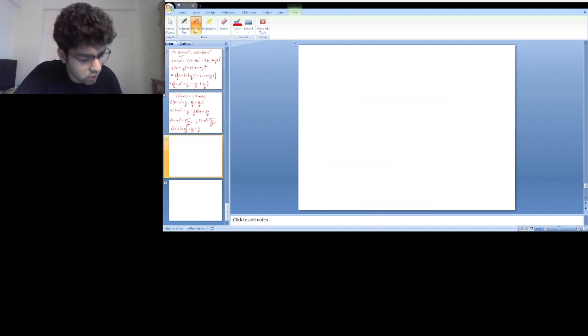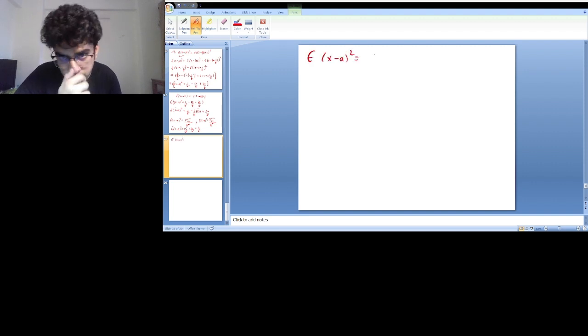Therefore, the value of E[(X minus a) whole squared] is 2 upon b squared, right?